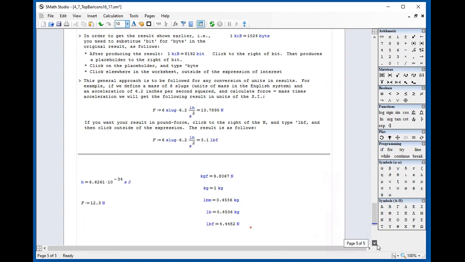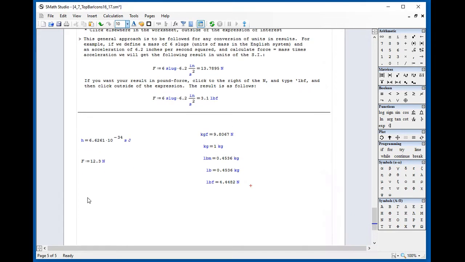Now, suppose that you have a calculation that involves units of the English system. You have a mass of 8.9 "SLUG", slug, that's the unit of mass in the English system, and an acceleration of 2.3 "IN", that's inch, divided by "second" squared. Those are units of the English system, which still persists.